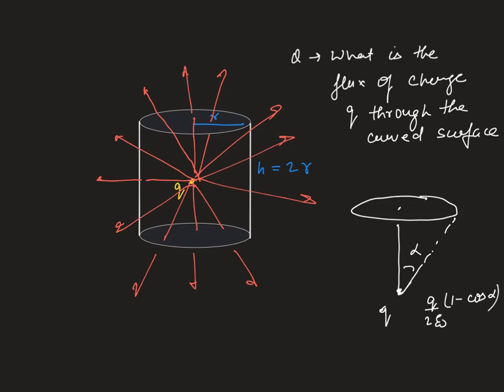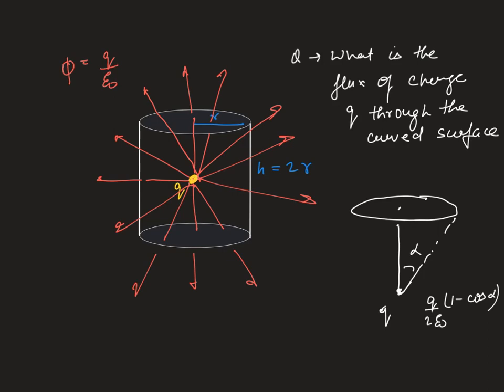It has all kinds of field lines. But we want only the flux through the curved surface. Now, how do we find the flux through the curved surface? The total flux is going to be phi equals q by epsilon naught. That is not changing, that is forever constant.